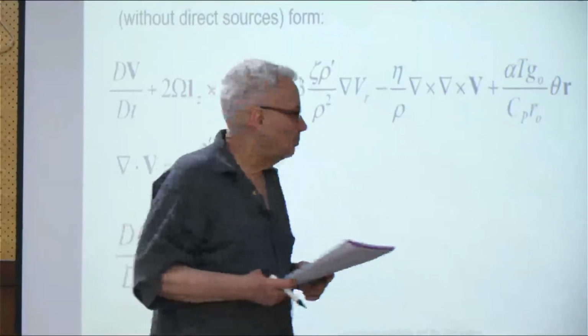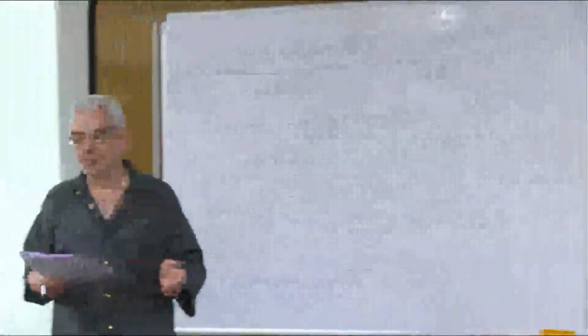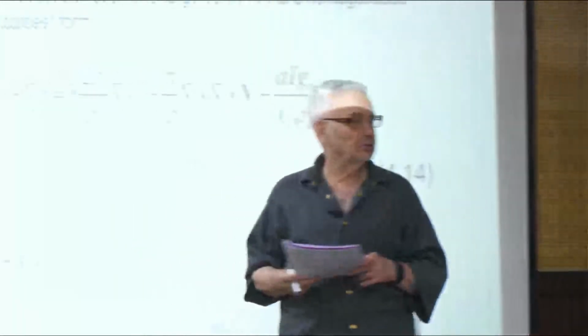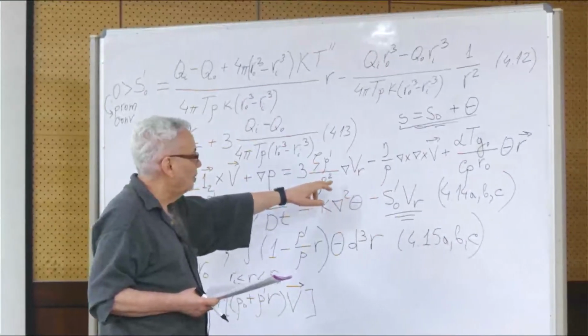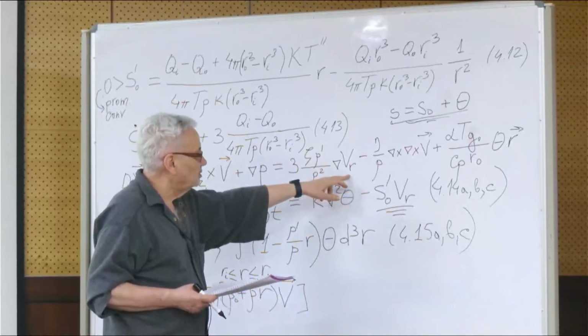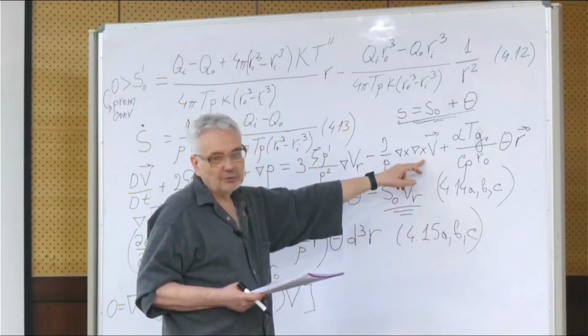Of course, in terrestrial planets this is small, because here the variation of the density is just 10%. So it's normally at least 10 times lower than this one. But in fact, even more, because effectively we have here just the gradient of R, and here we have double derivatives.